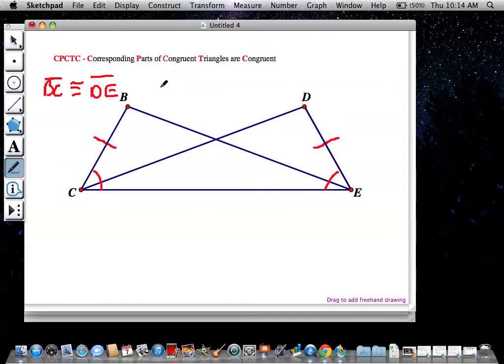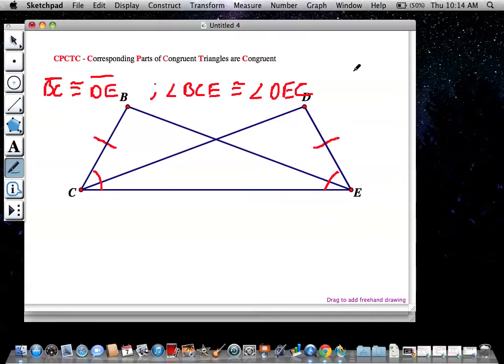Angle BCE is congruent to angle DEC. So I'm told those two things.